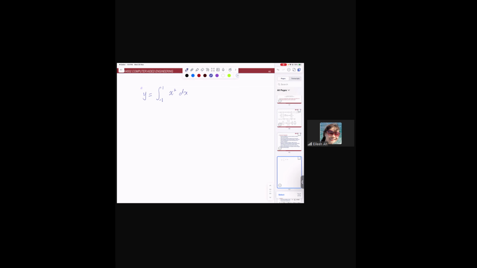X cubed over 3, right? Tell me how you do the calculation. It's 1 by 3 x cubed, right? And then we have to substitute 1 and minus 1, right?